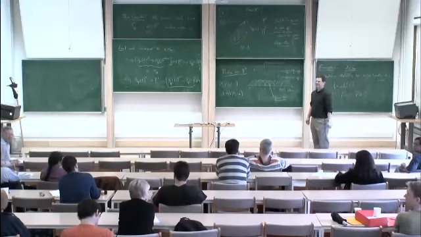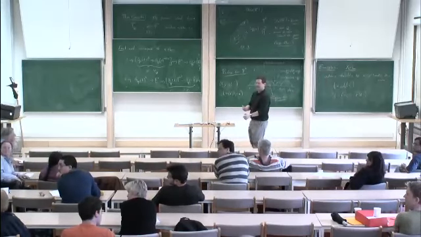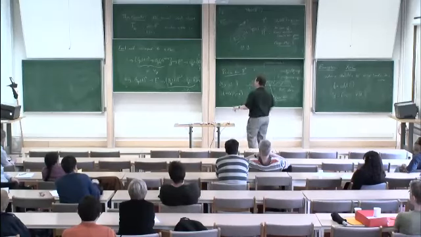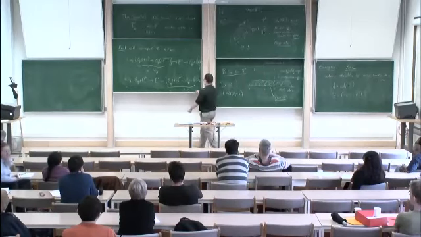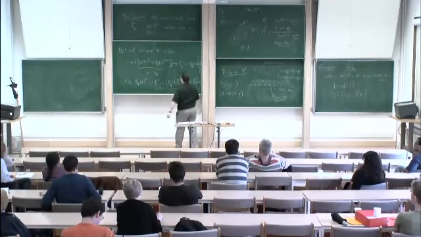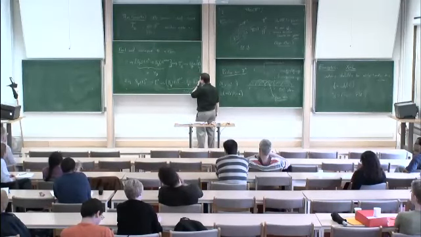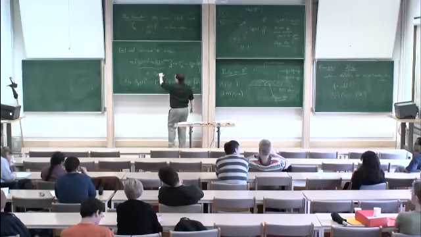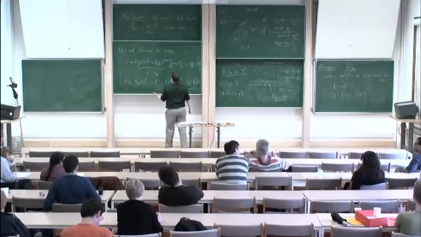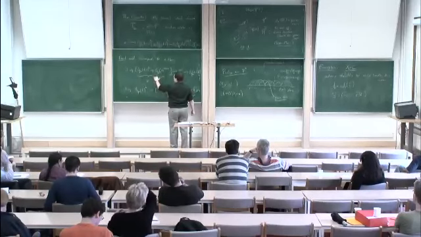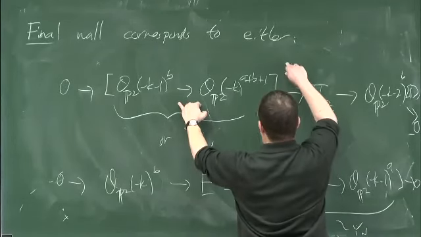Questions? Yes? What are the special configurations of points that correspond to the... That's a good question. So if that's an ideal sheaf, well, this one should usually correspond to a vector bundle.